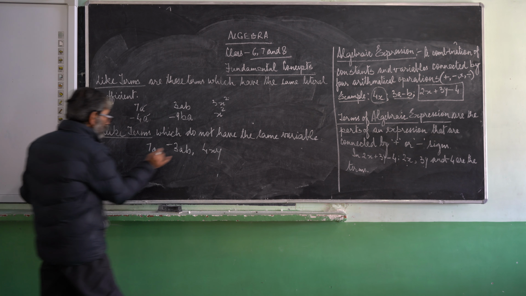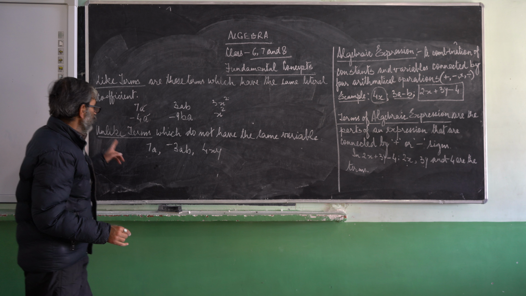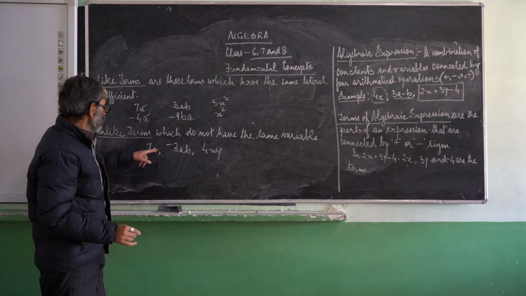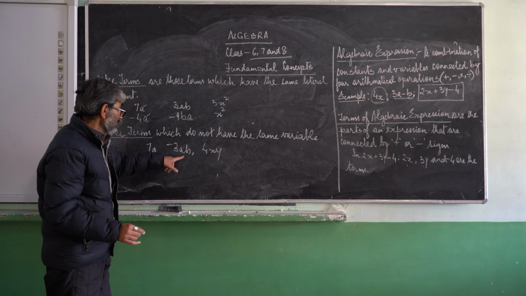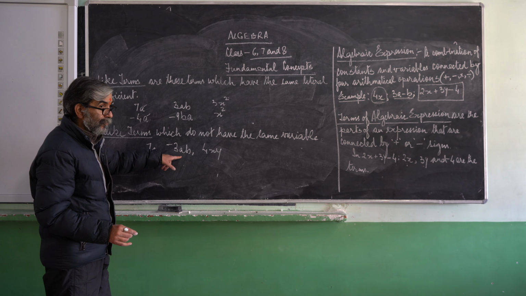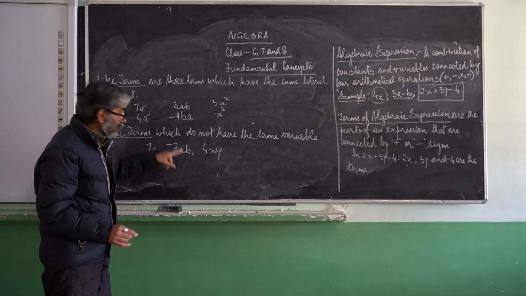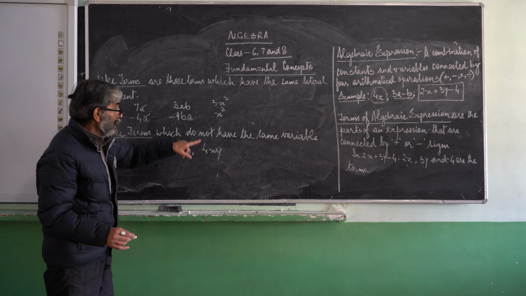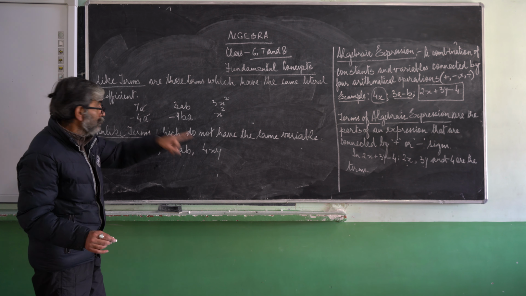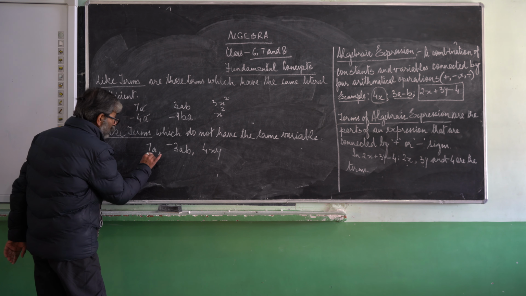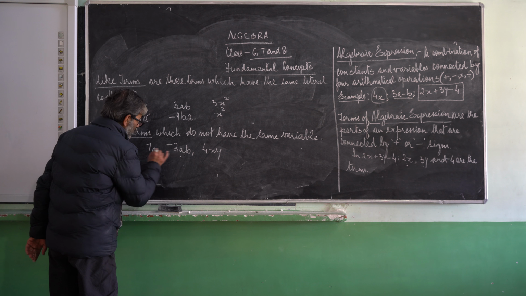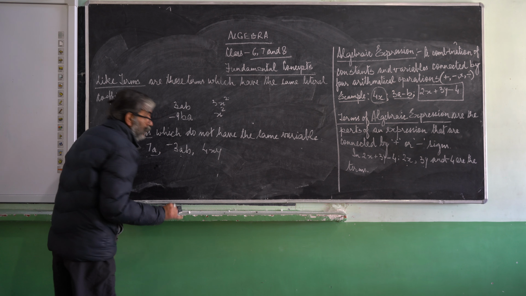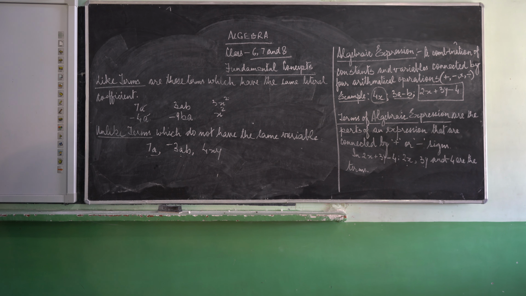These are all different terms and therefore they are known as unlike terms because there is nothing similar. If you say that there is a present in 3ab, it's still different because the literals I've said should be the same variables. Same variable means same. Where a and b are there, we cannot say that 7a and minus 3ab are like terms. They are unlike terms. Okay.